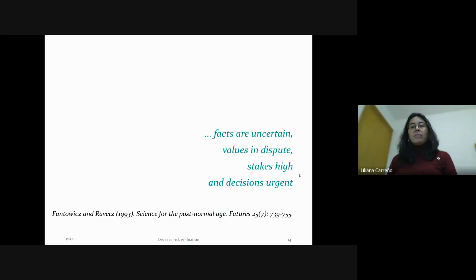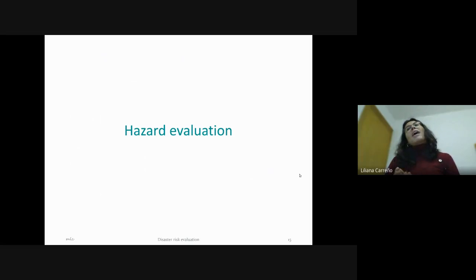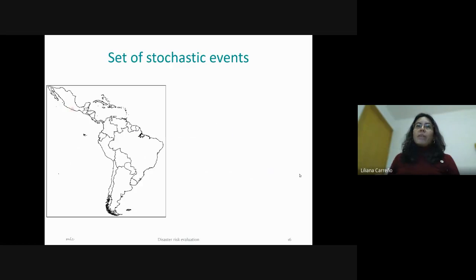With this in mind, I can start to talk to you about the process of the probabilistic risk assessment, starting from the hazard evaluation, the probabilistic hazard evaluation. In probabilistic modeling, we use a set of stochastic events, a set of possible events.